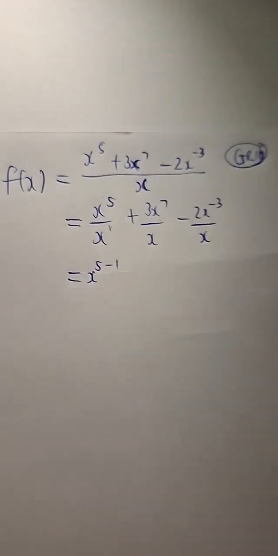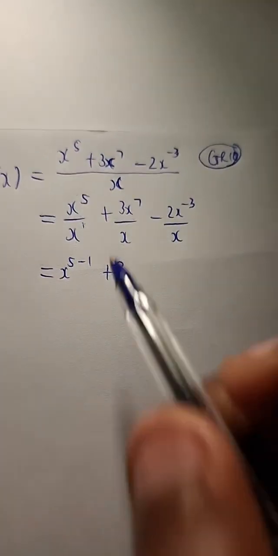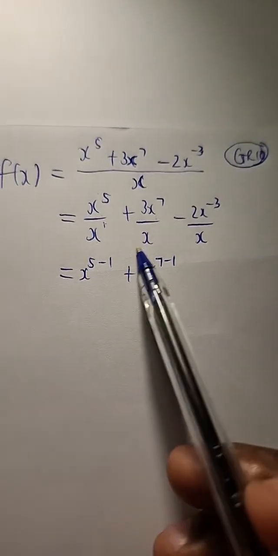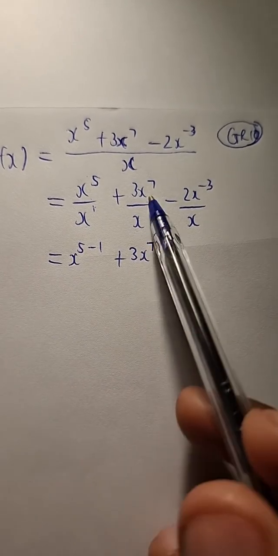So there's an exponent 1, it's unseen, 5 minus 1, I know what I'll get there. Then 3 over x, all right? Obviously the coefficient 3 will be there. Then this x to the power 7 over x, I just write x to the power 7 minus 1. Because the bases are the same, I keep the base. When I'm dividing same bases, what do I do to the exponents?